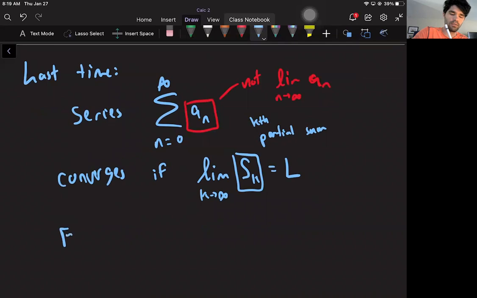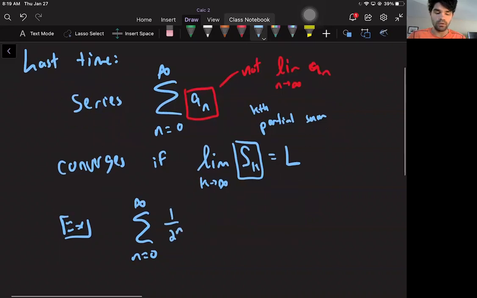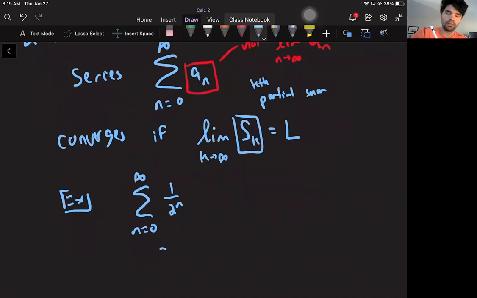So our example that we were able to do was this one. The kth partial sum turned out to be something like this, I believe. And so that's what we took the limit of, not this, right?